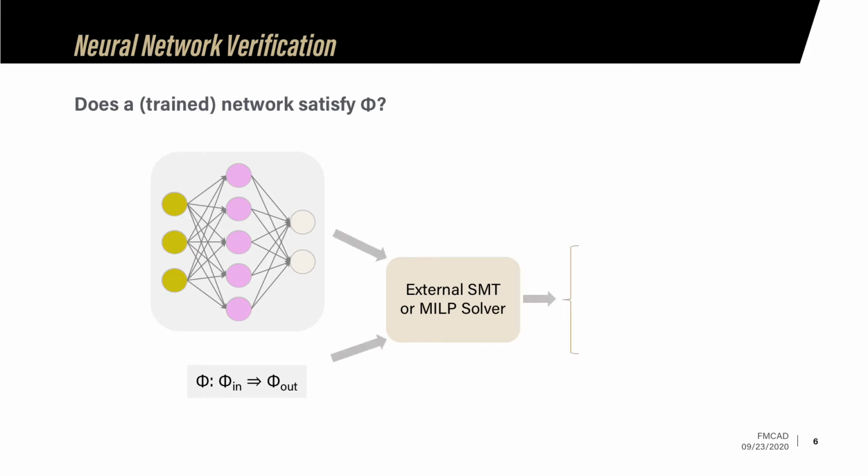Then the solver may return two kinds of results. First, the solver says it's safe. Then you are good to go. The second is that the solver may tell you, no, it's unsafe, and it presents you several counterexamples, which are the witnesses of how that safety property is being violated.